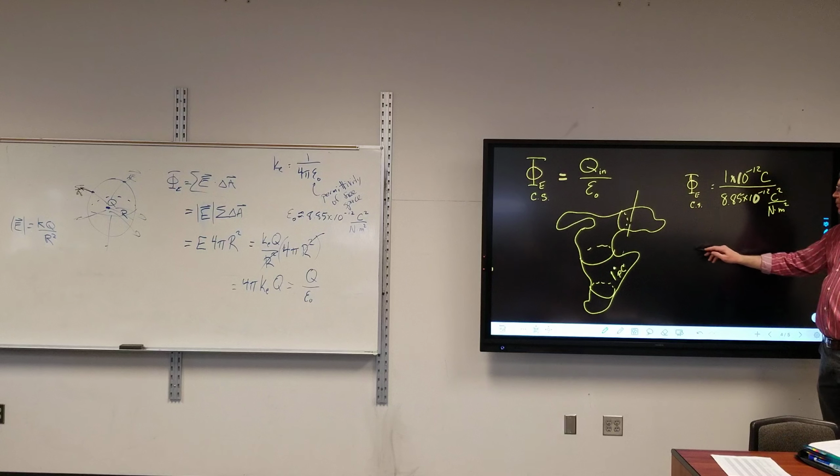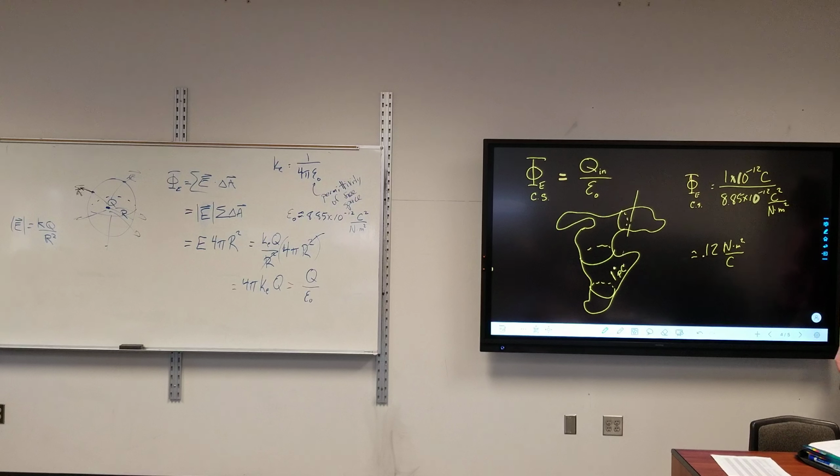And so we end up with approximately 0.12 newton meter squared per coulomb. If someone else actually works out 1 over 8.85, let me know what it is. So that number is equal to the total electric flux through the entire surface.